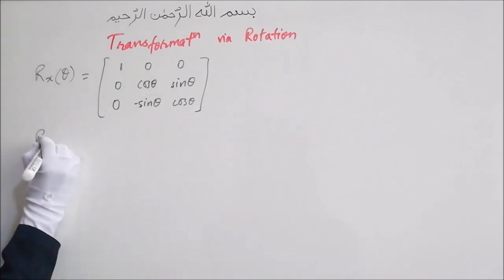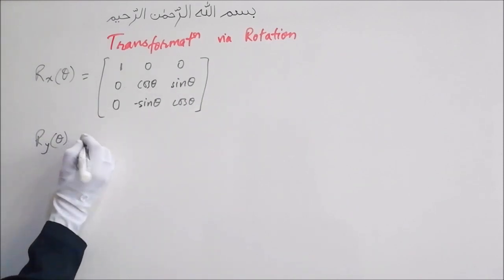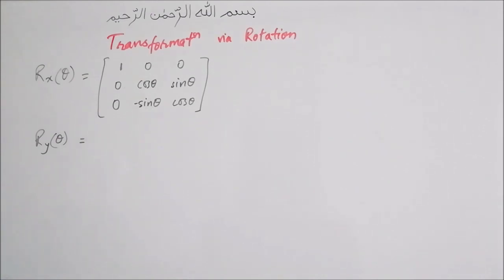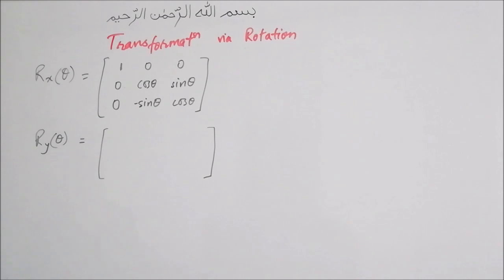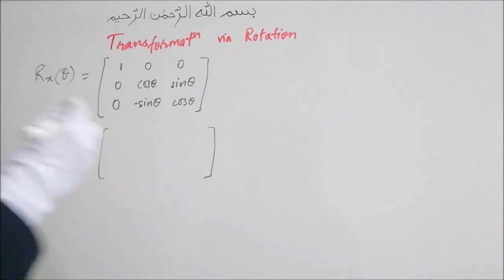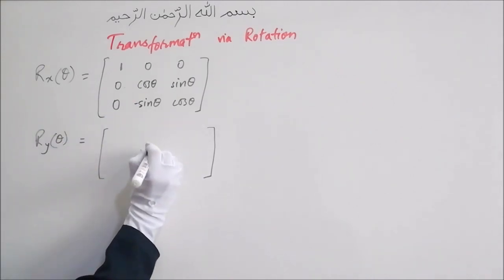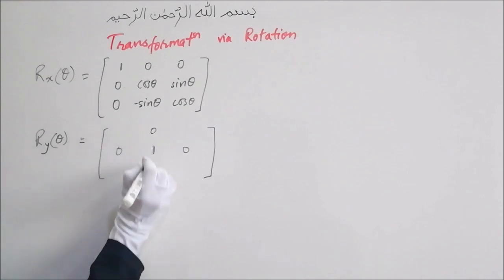R, rotation about the y axis with an angle theta, will be equal to, since we are rotating about the y axis, the y coordinates will not change. That means y and y dash coordinates will remain the same. Thus we'll have here 1, 0, 0, 0, 0.